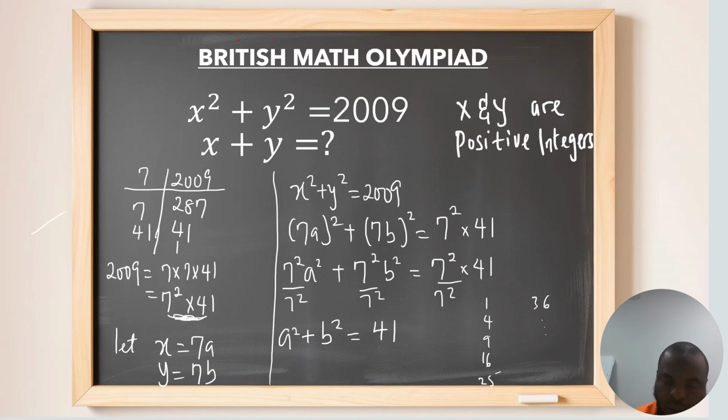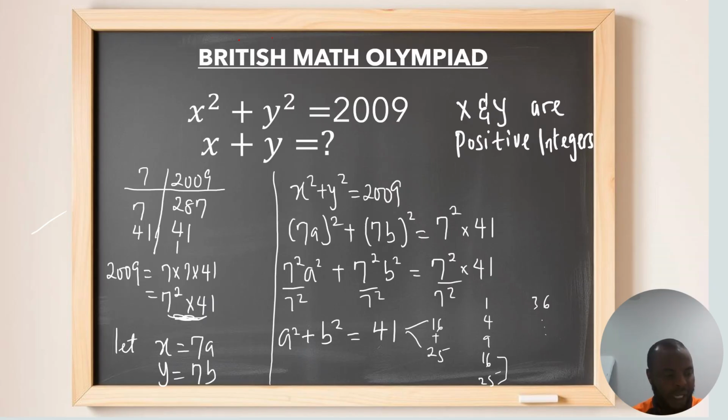So which sum of these perfect squares is going to give us 41? If you have a very good look at it, you can see that 16 and 25 is the same as 41. That is, 41 is the same thing as 16 plus 25. So we are interested in that.